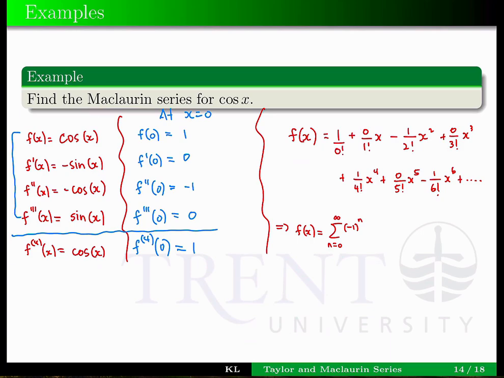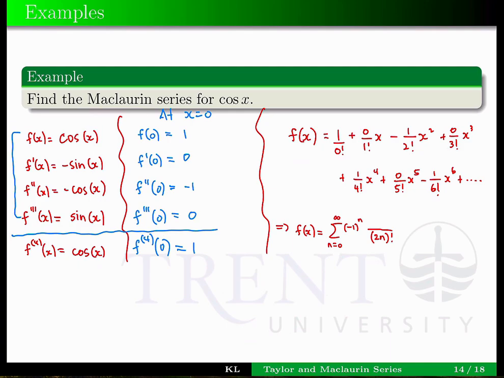But we only see even numbers, 0, 2, 4, 6, and so on. To generate even numbers while n runs from 0, 1, 2, 3, we multiply by 2. So this is 2n, and we have the factorial, 2 factorial, 4 factorial, 6 factorial, so 2n factorial.